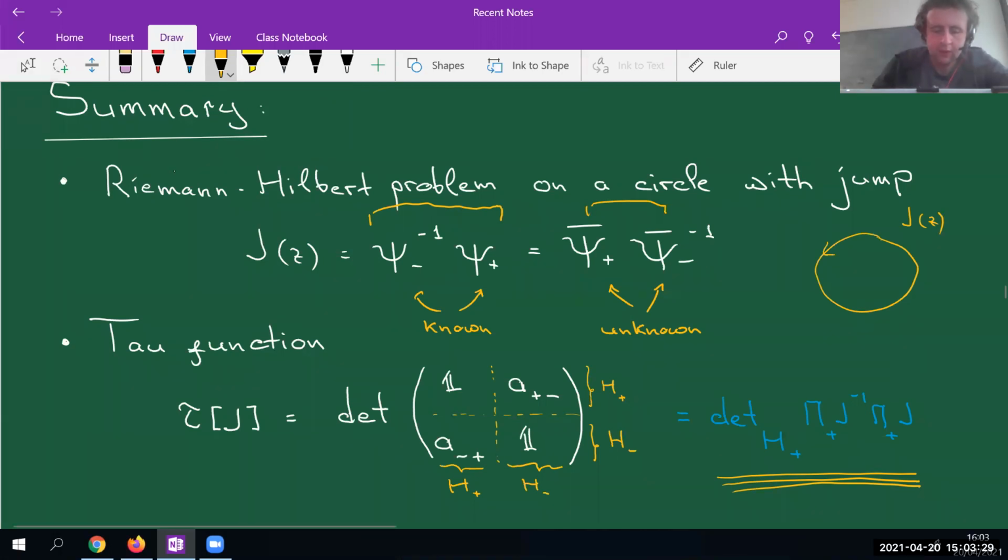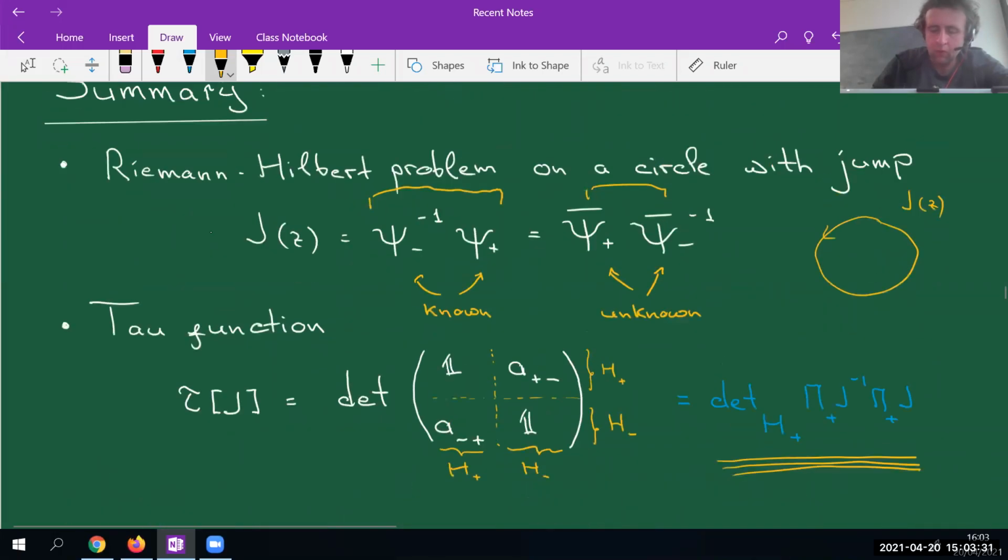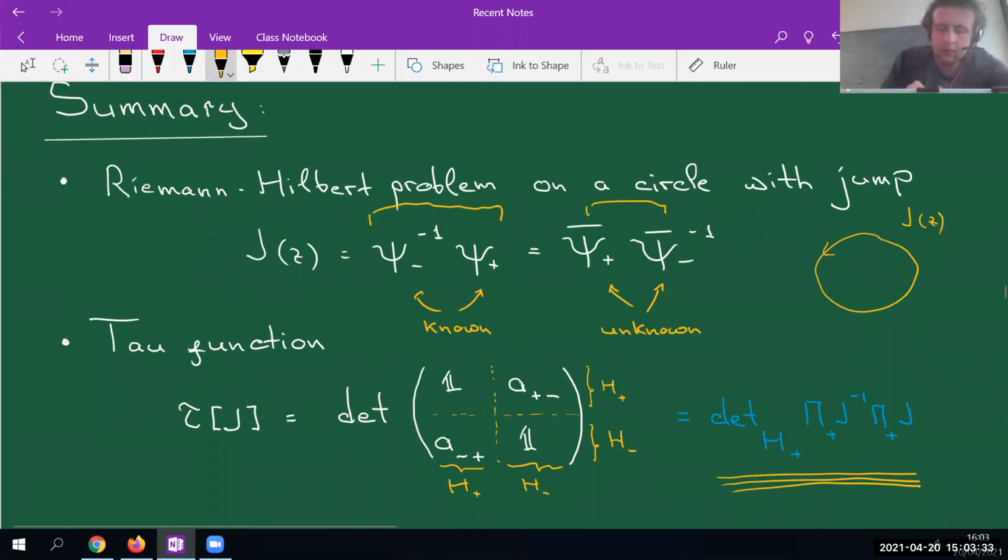So the tau function, once we have this factorization psi plus, psi minus, can be rewritten in a convenient way as a determinant on the whole space H of vector valued functions on the circle. So here you have some integral operators.